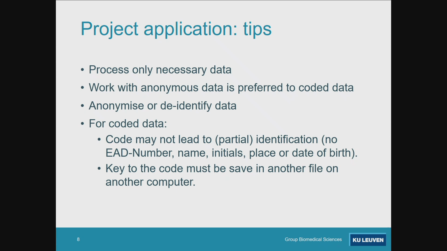Don't use in your code a name, initial, a place or a date of birth. And in case you need to code, you will have a file where you have this connection, the key between your code and the identifier. Make sure that you keep this file very safely and not next to the other file. So keep it in another file on another computer.